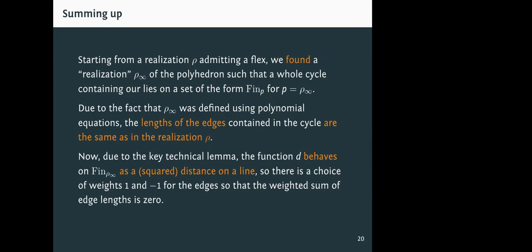This is because of the definition we took of first W, then Z, then Y, and hence rho infinity, which was found in Y. Now we have a whole cycle that lies on this set thin P, where we proved in the key technical lemma that the distance behaves like a one-dimensional distance. But then this means that if we sum up, weighting in a suitable way, the edge lengths of this cycle, then we get 0. And this hence proves the result we wanted to show.